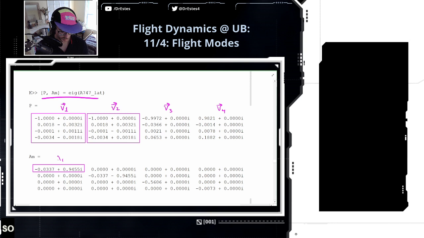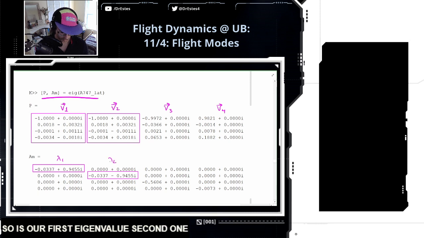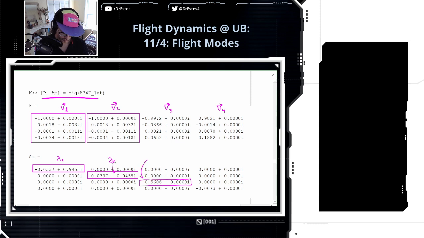So this is our first eigenvalue. Second one. Third and fourth.